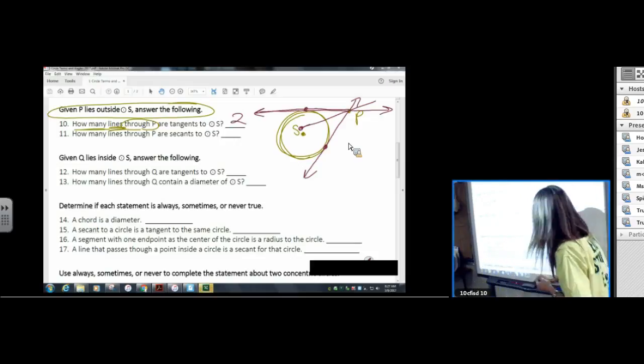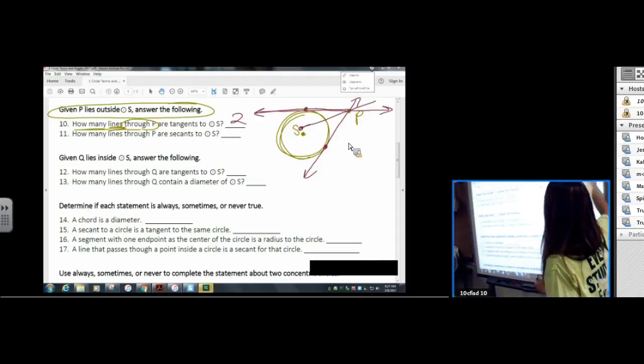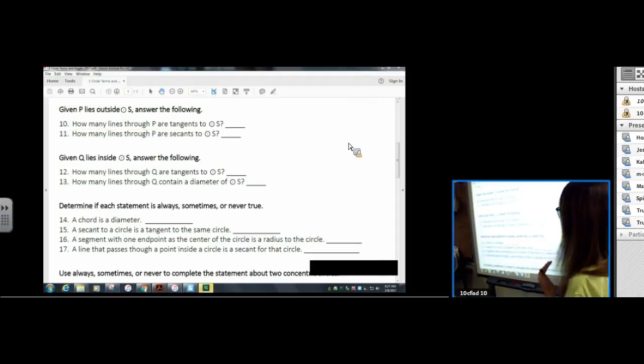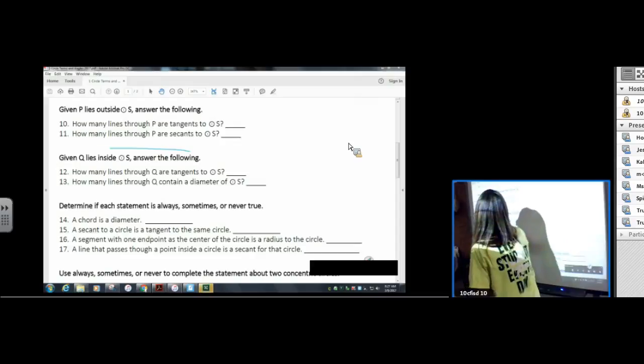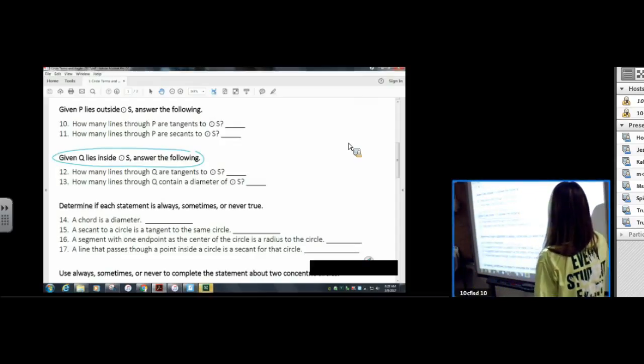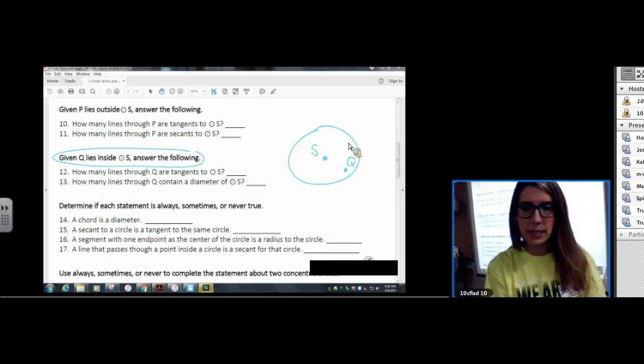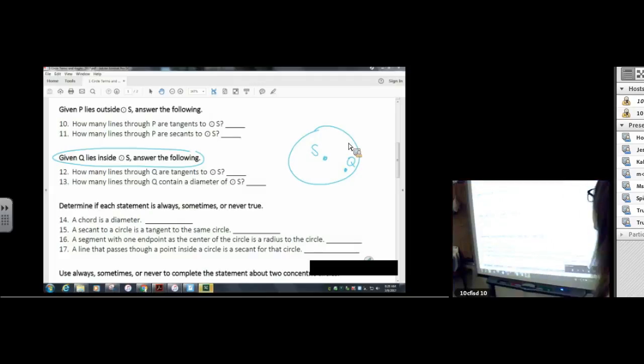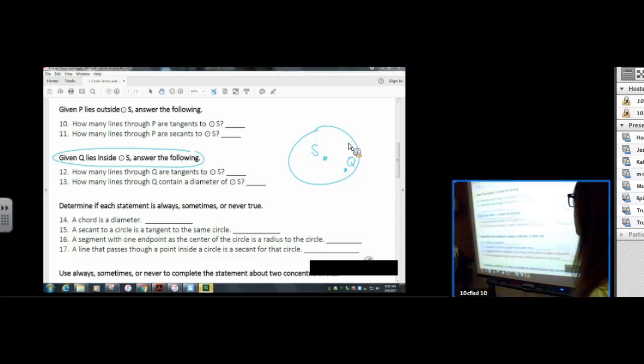Number 12. Given, Q lies inside, in the interior of circle S. You can put Q wherever you want. The answer will be the same no matter where you put it. How many lines through Q are tangent to S?